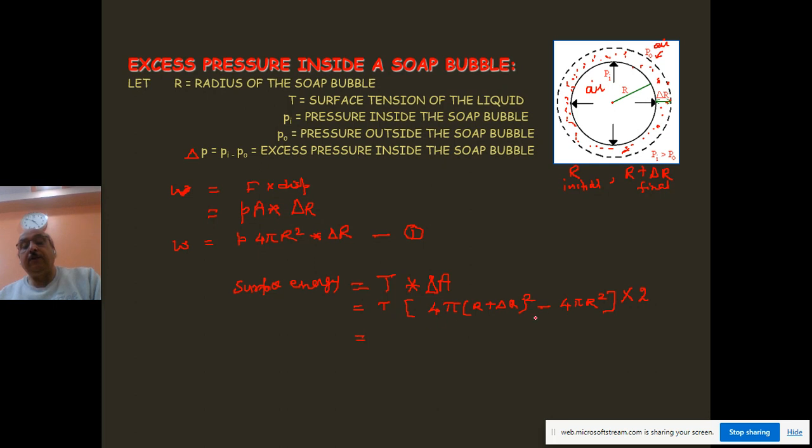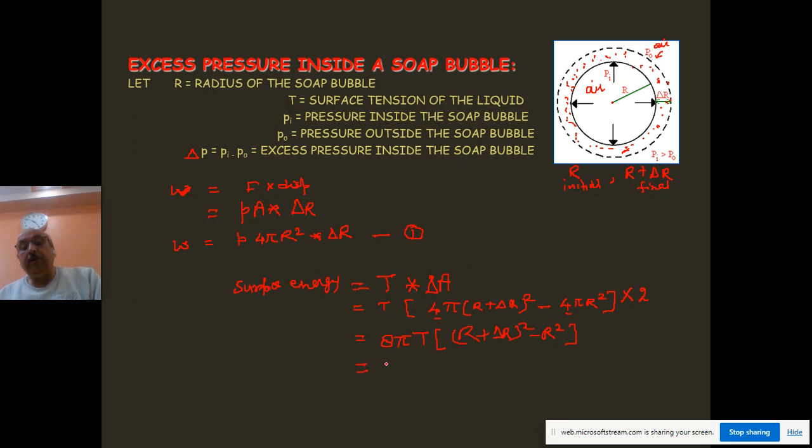Hence, 4 is common, pi is common, so it is 8 pi T into (R plus delta R) whole square minus R square.